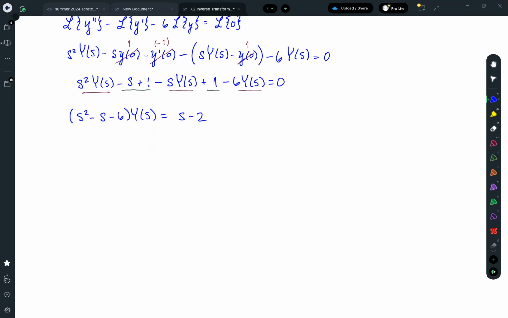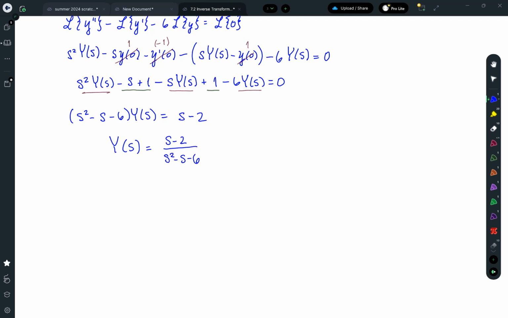So then my goal is to isolate big Y of s so that I can take the Laplace inverse of it and get little y of t, our solution. So big Y of s is equal to s minus 2 over s squared minus s minus 6.